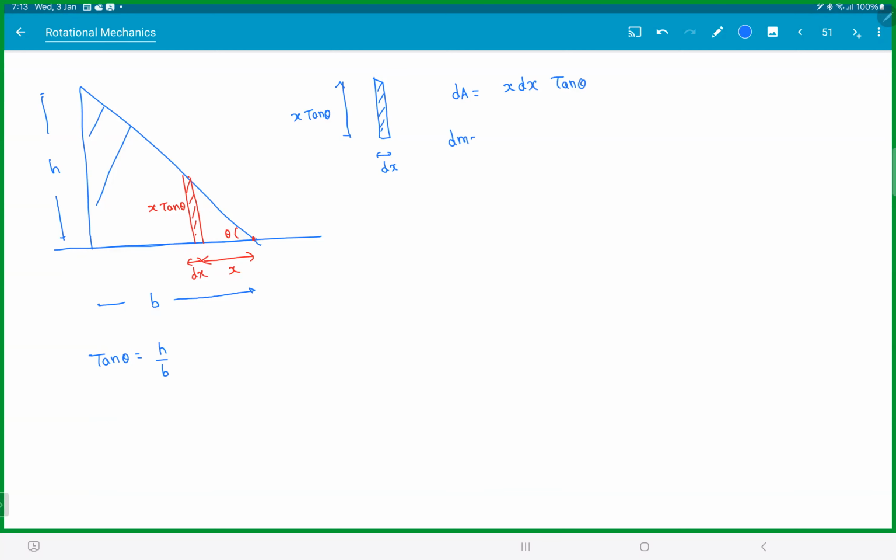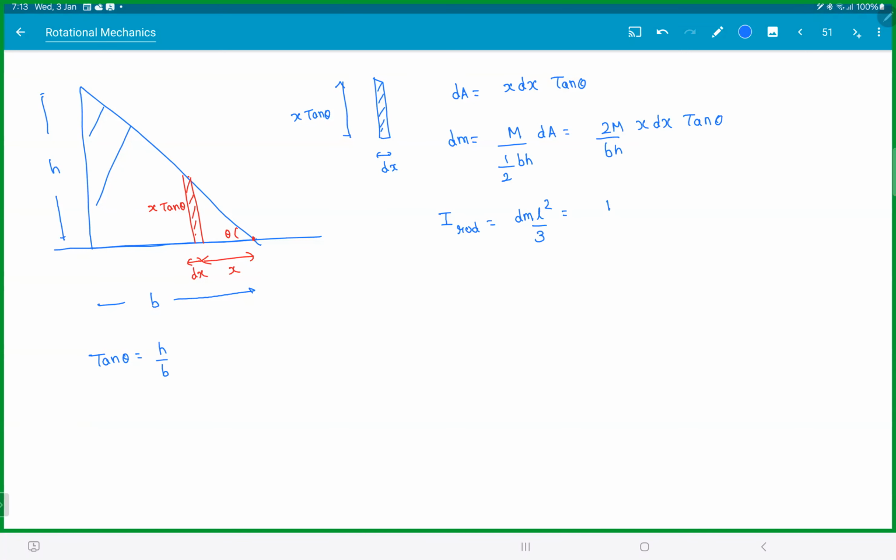So the mass of this small strip will be the total mass divided by the area of the triangle, times dA, so 2m by bh times x dx tan theta. That is the mass. Now the moment of inertia of this thin rod. For a rod, what is the moment of inertia about the edge? ml square by 3. Remember, dm l square by 3.